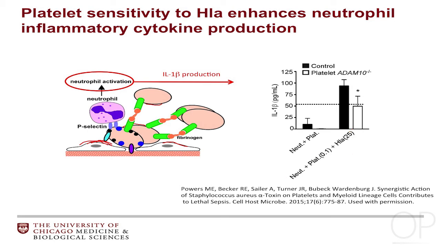And interestingly, when we knock out ADAM10 specifically on the platelet compartment, we see a marked dampening of this pro-inflammatory response, suggesting that when platelets come in contact with the toxin, this exacerbates or adds to, in a synergistic manner, the activation of neutrophils and enhances this pro-inflammatory response.